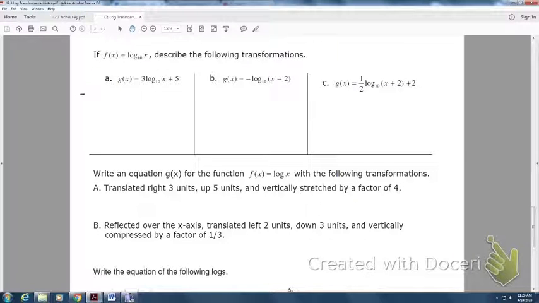Up 5. And let's somebody tell me why this is not left 5. It's not in parentheses. That is the biggest mistake in this unit, is people see that when there's no parentheses and they look at it as a C value. C values only exist if there are parentheses. Okay, what is the other transformation?